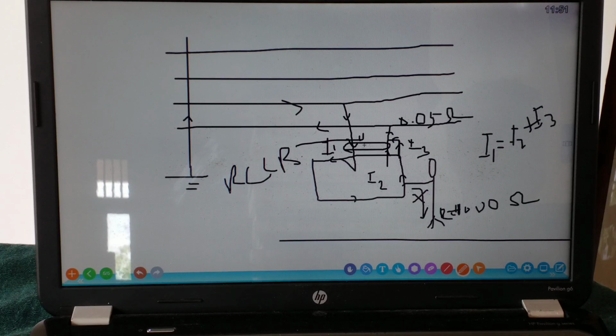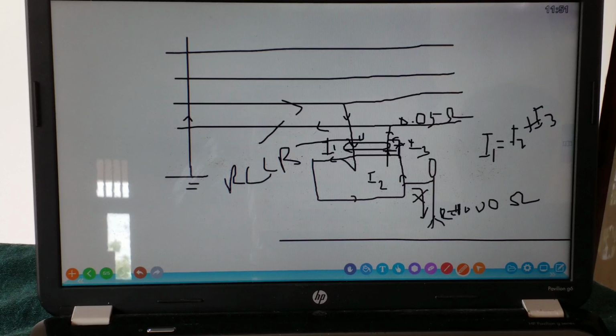Even so, we are struggling to monitor the earth fault with this. Why? That's why these are all equipment. This setup can be disturbed at any moment. Maybe this neutral link can break, maybe this neutral link can break, maybe this earth link can break.